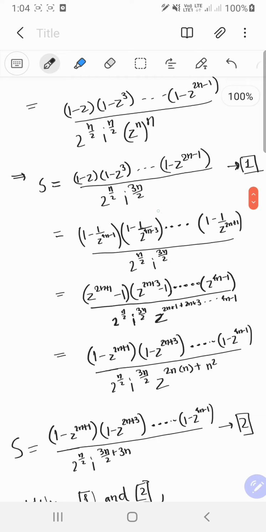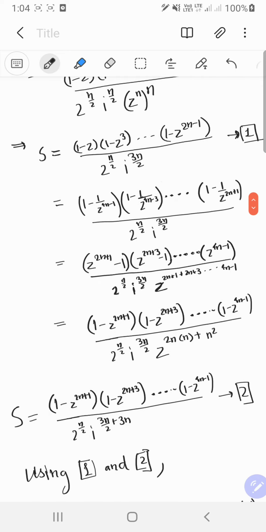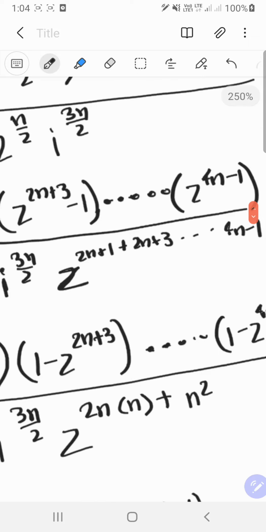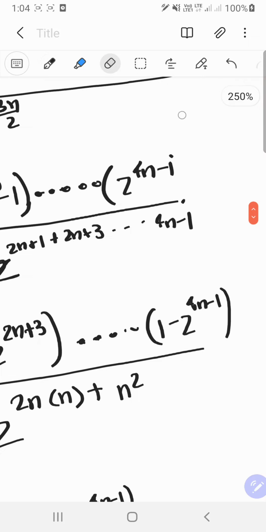All right, so we have written it like this. The last one is going to be 2n plus 1, which I'm going to write as the first one, but you get it. Cross multiplying, once again we get this thing. Yeah, this looks correct. All right, so z power 2n plus 1 minus 1 and so on. It should be minus 1 over here as well.